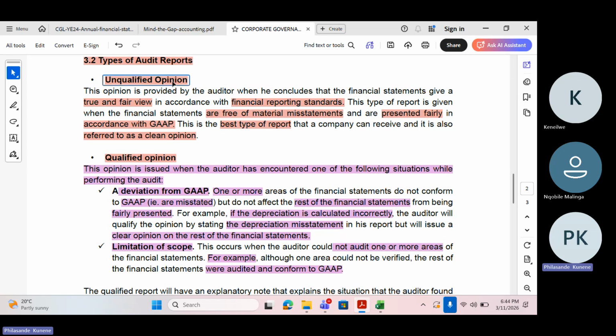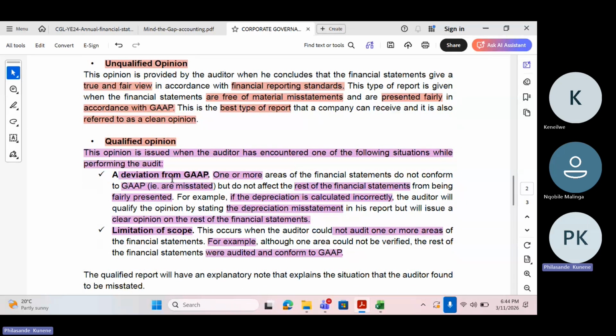Unqualified opinion, no material misstatement at all. Here, we do have material misstatements, but in only one area or a few areas. There is a misstatement, or a deviation from GAAP, for one or more areas of the financial statements.